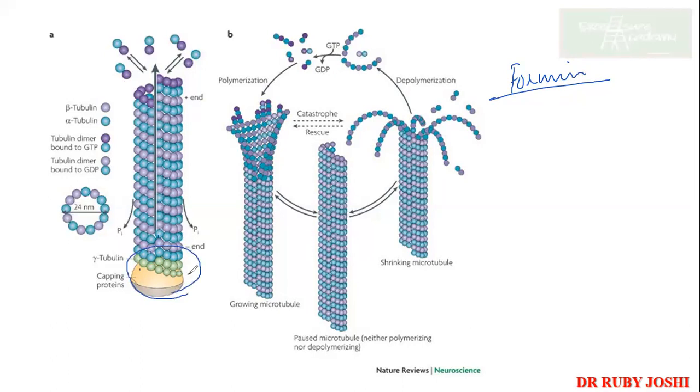from this end. Okay? Now, as we see, we have a growing microtubule. So GTP bound tubulins are coming and binding and it is getting polymerized, right? Now it is in this stage. Now, if you have a microtubule which at the plus end itself is depolymerizing, can you see it? It is also known as the shrinking microtubule, that is catastrophe.